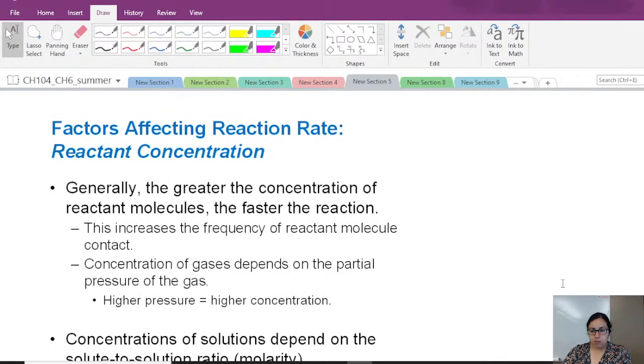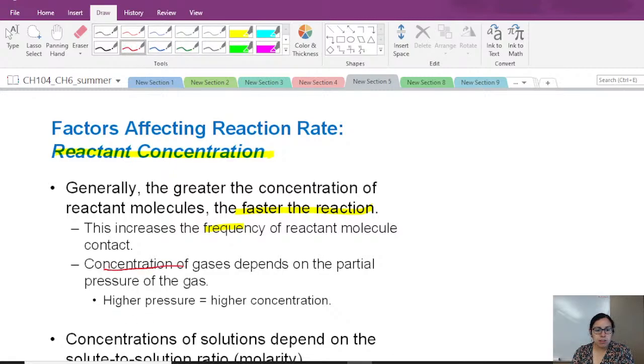And so in general, we'll look at some factors that affect reaction rate. So in general, the higher your reactant concentration, the faster the reaction. And that makes sense. Anytime you increase the frequency of collisions, you'll likely have a faster reaction rate.